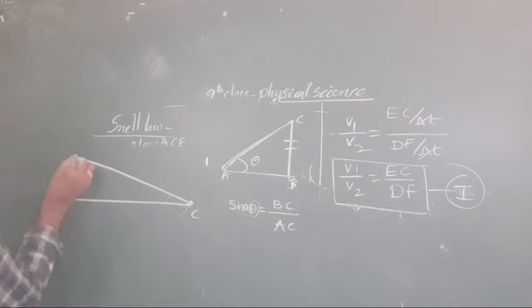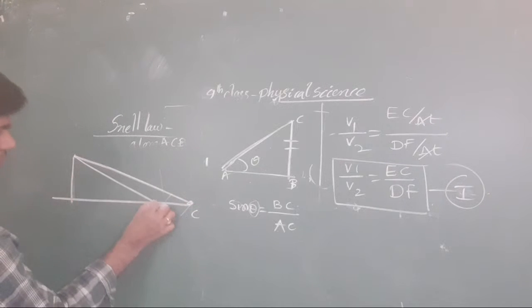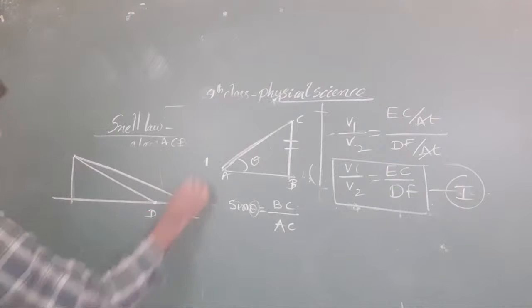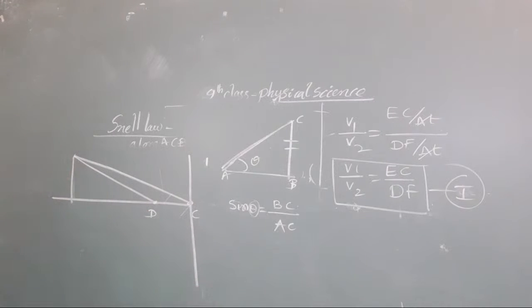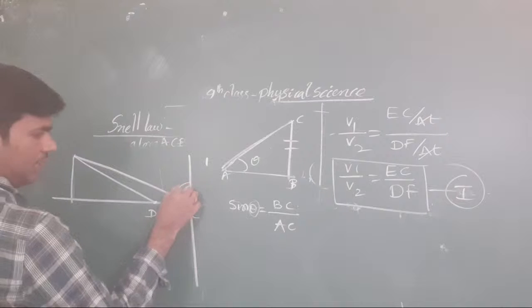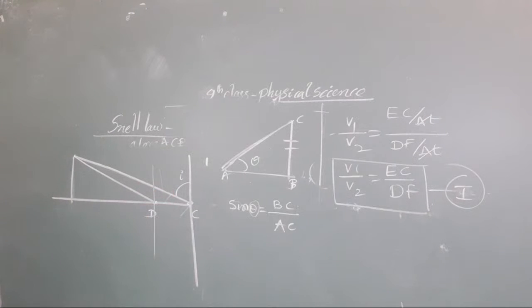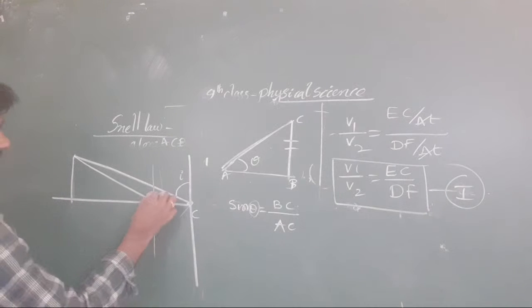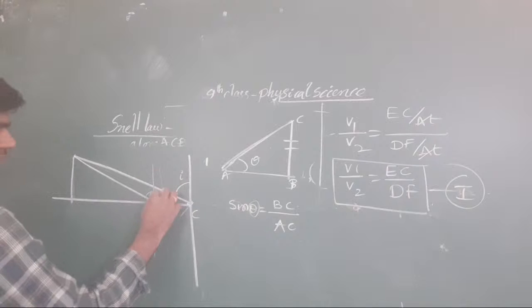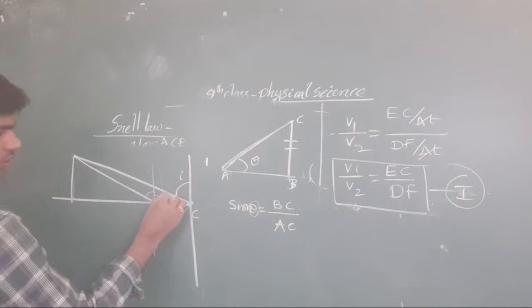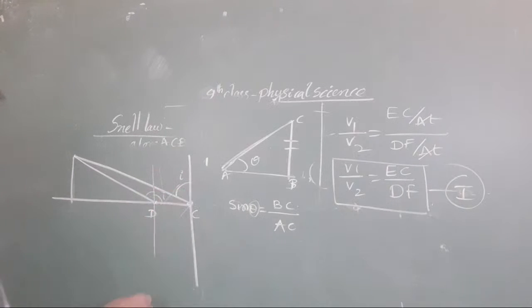It is C, it is D, and we draw the normal for it. This is I, and it also has the normal. This line also makes an angle, and both are also I only. Clear or not? Mathematically, from angle theory.